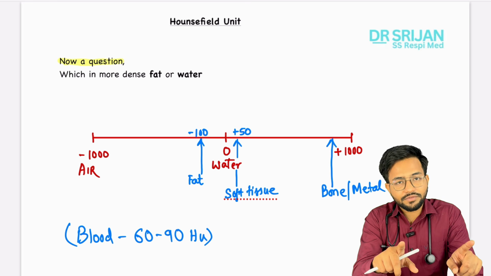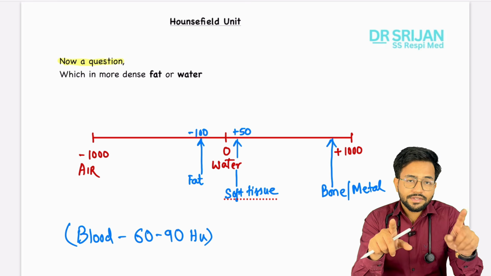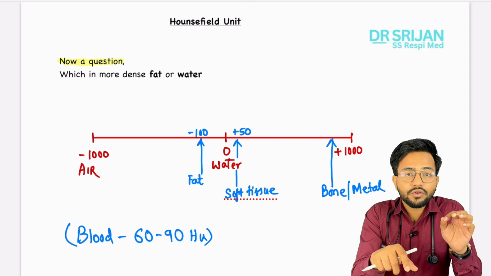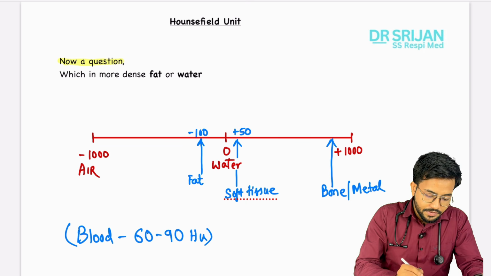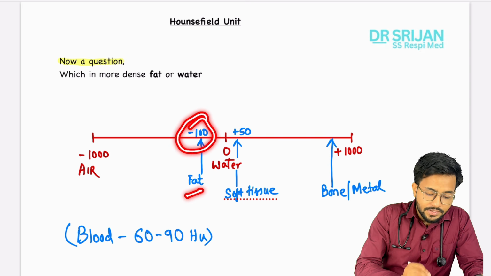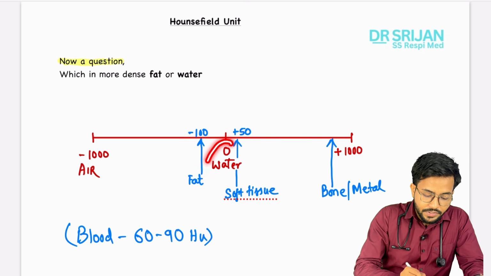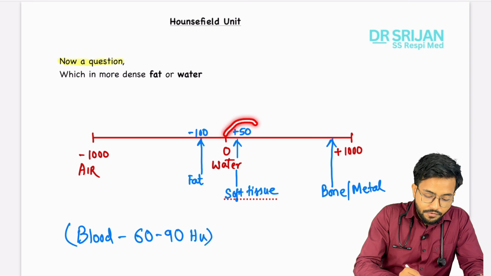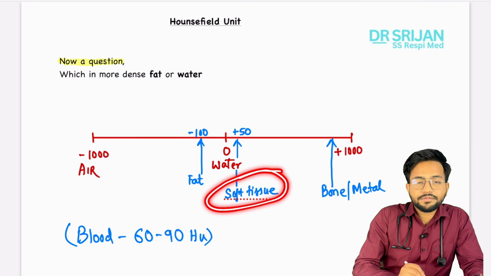These are fixed values. And there are some ballpark numbers which you should always remember, like fat is around -100 Hounsfield unit, water is 0, air is -1000, and soft tissue is around +50.